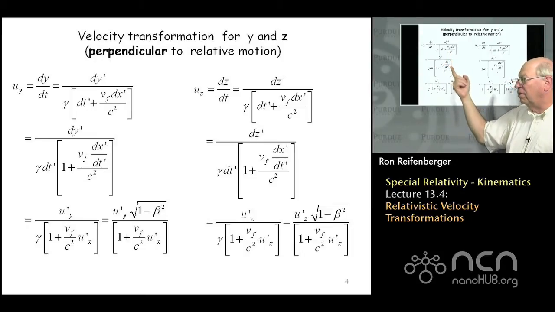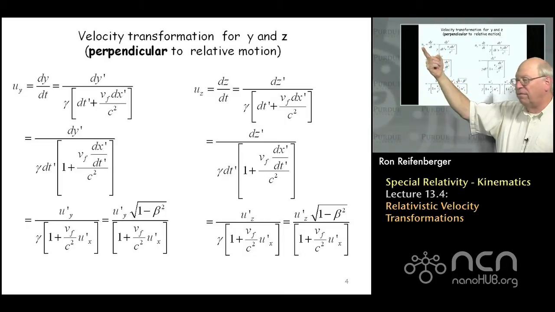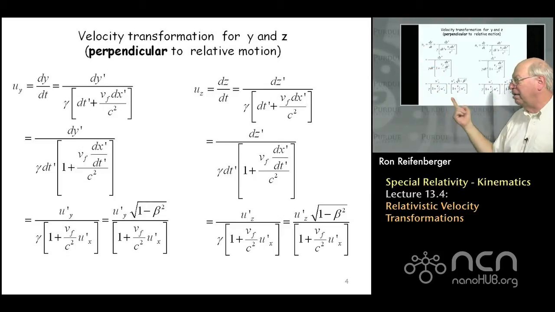If you just follow the arithmetic through, what you find is that the velocity in the primed reference frame in the y direction is related to u sub y, the component of the velocity in the unprimed reference frame measured in the y direction, by equations that look like this.